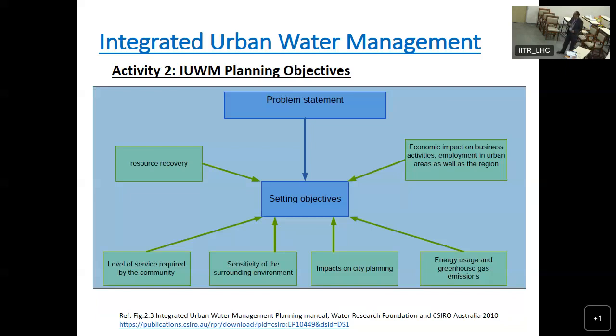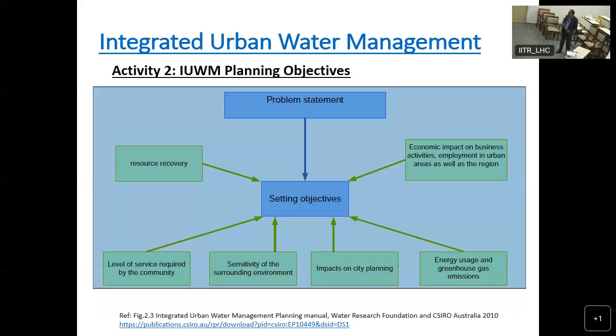Then we are looking at the sensitivity of the environment where we are going to discharge, how sensitive that environment is, what type of wastewater or stormwater we can discharge, what treatment is required for the discharge.